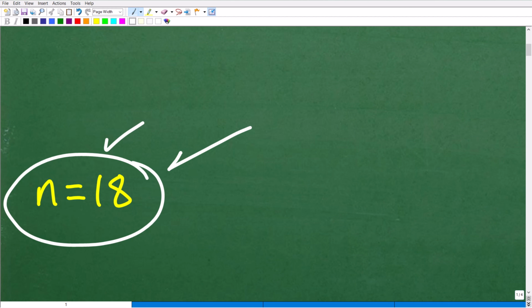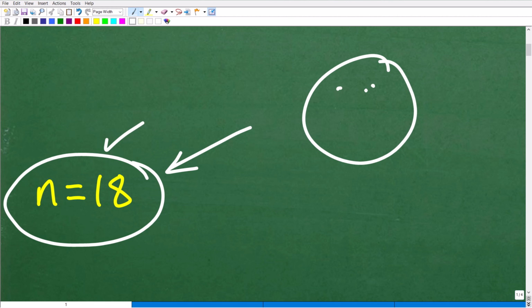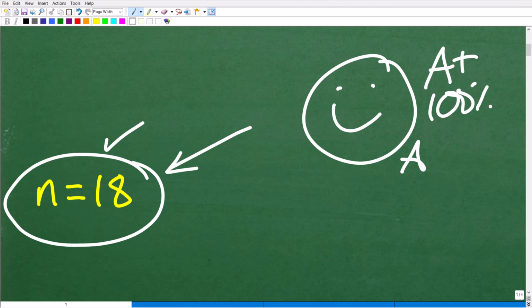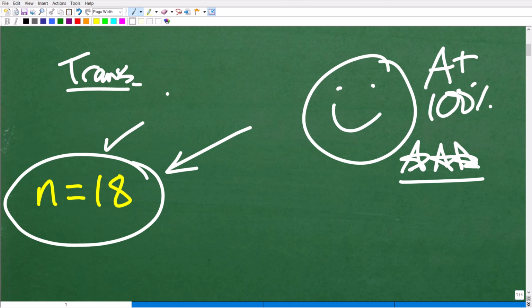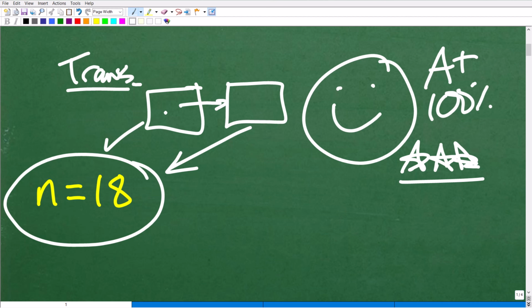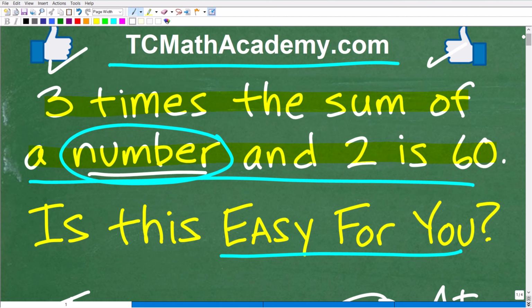to solve these. But anyways, if you got 18 as your answer, let's celebrate by giving you a nice little happy face, an A plus, a 100%, and multiple stars so you can brag to your friends and family that indeed you are a certified professional expert in translating. And that's what we're talking about here, translating a verbal phrase or verbal sentences into an algebraic sentence. That's what's going on here: we have a problem that is described to us by words.